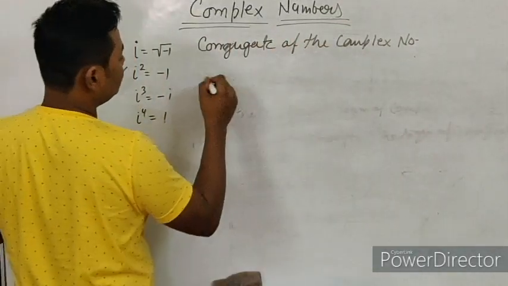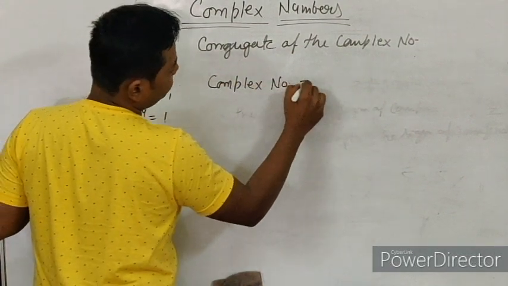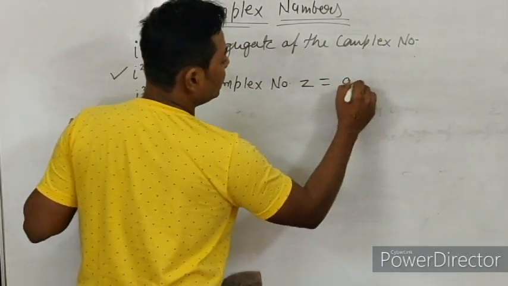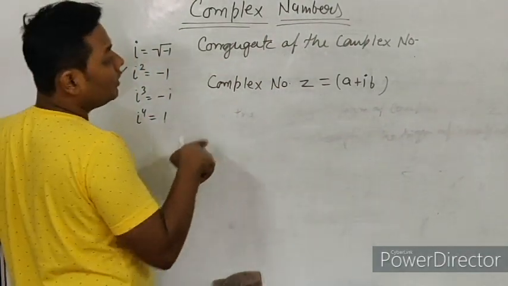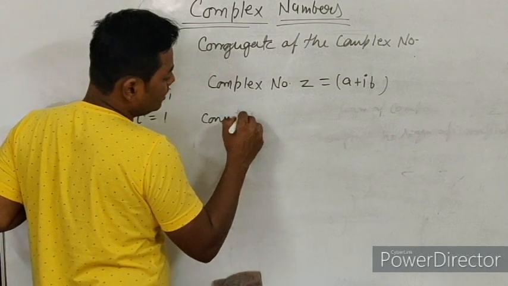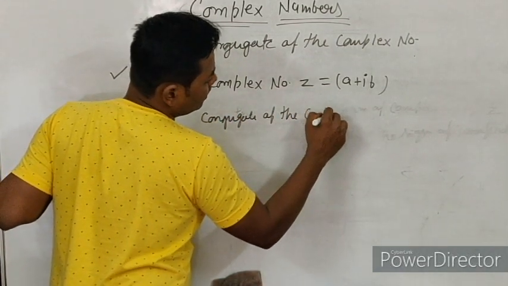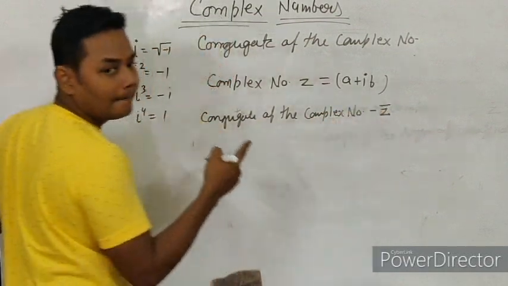The complex number is z, so z is equal to a plus ib. Similarly, the conjugate of the complex number is z bar.